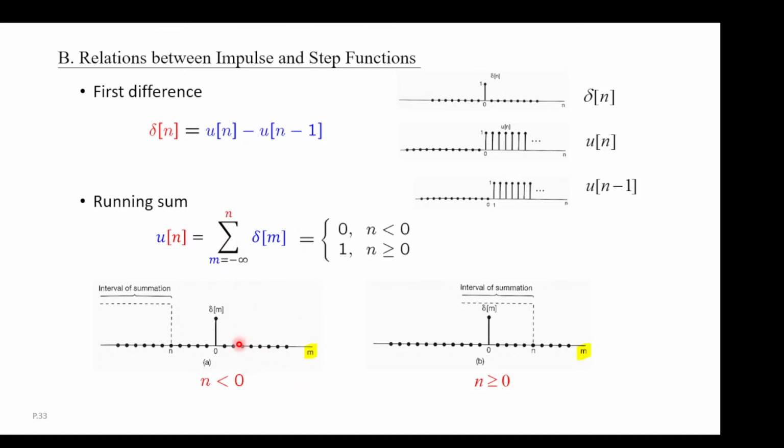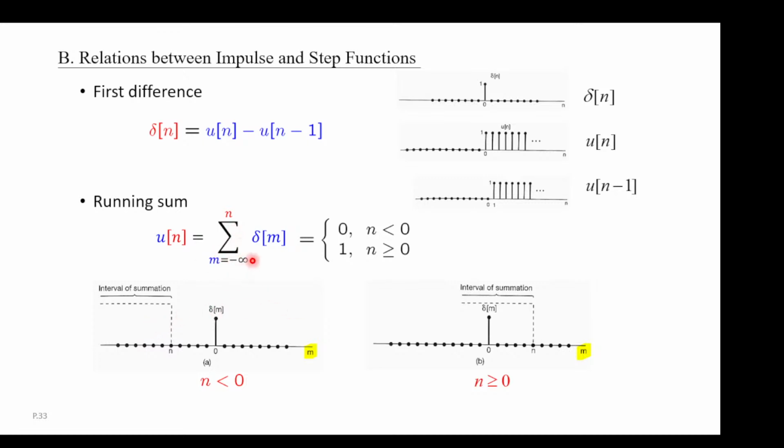And we are summing over m, and now this axis is m, so we are kind of doing an integration for discrete time: we sum over the signal at different values.